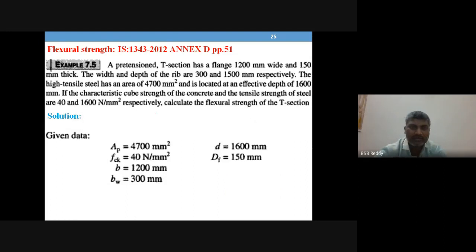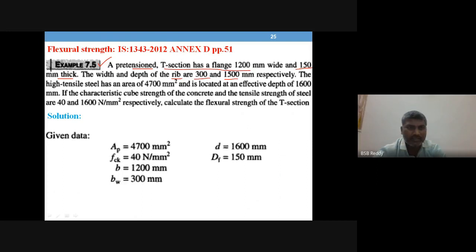Let us go to another example for the third case of the neutral axis position. A pre-tensioned T section has a flange 1200 wide, 150 thick. Width and depth of the rib or web are 300 and 1500 respectively. So it is a flange section again.